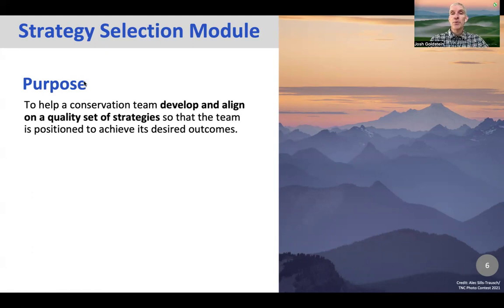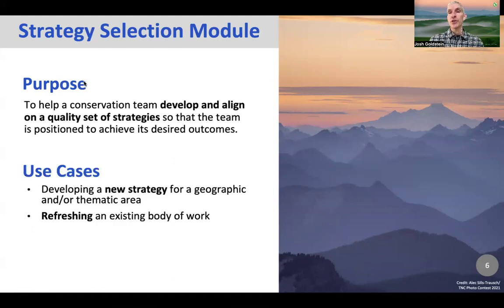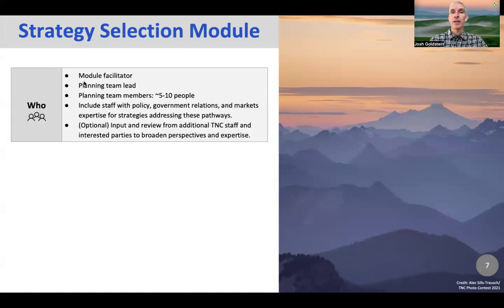The strategy represents what the team thinks will have the greatest likelihood of achieving its desired outcomes and contributing to the 2030 goals. These are the two general use cases for the module. First, for teams developing a new strategy for a geographic and/or thematic area, and second, for teams refreshing and strengthening an existing body of work.